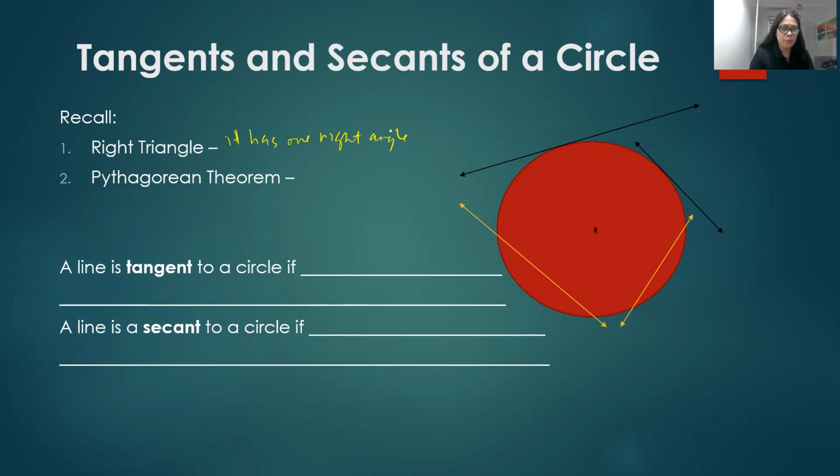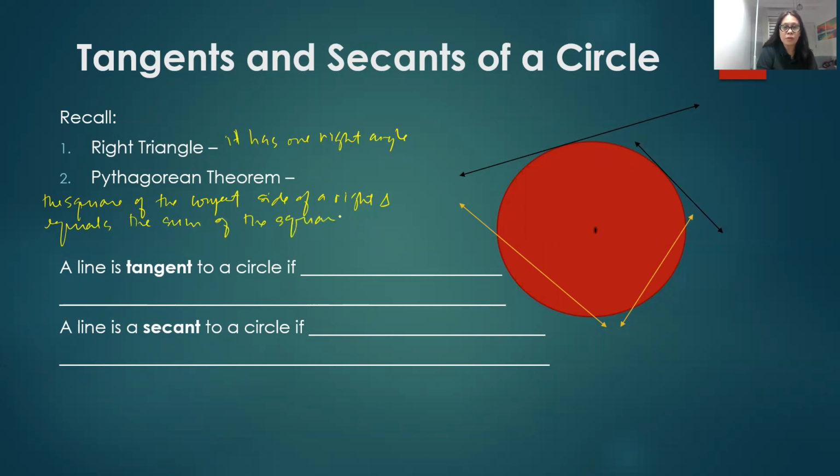Now, as regards the Pythagorean theorem, it says that the square of the longest side of a right triangle equals the sum of the squares of the other two sides.